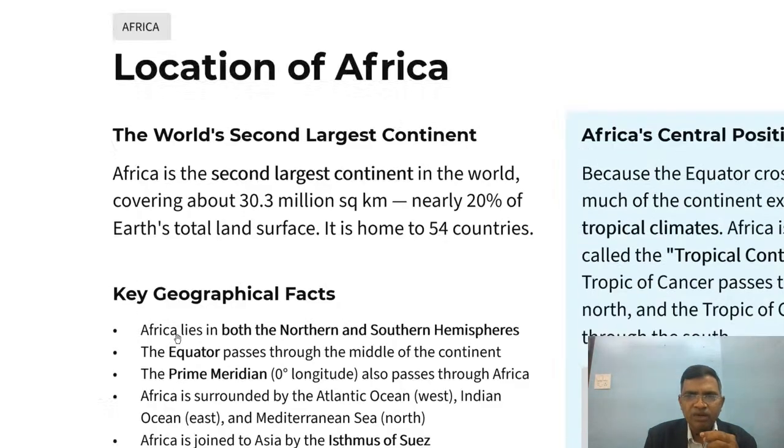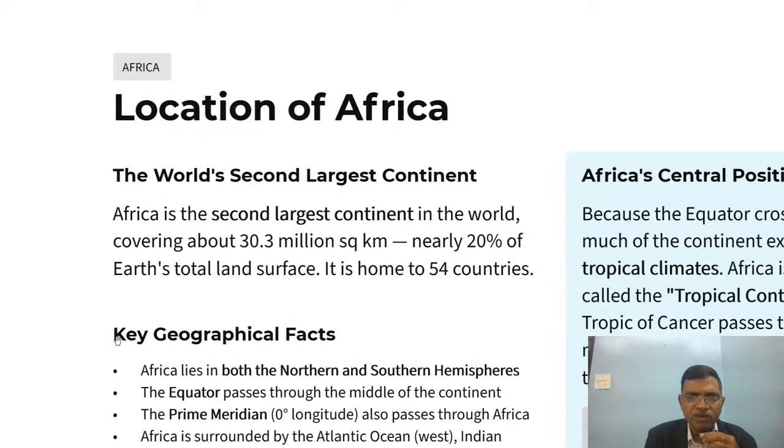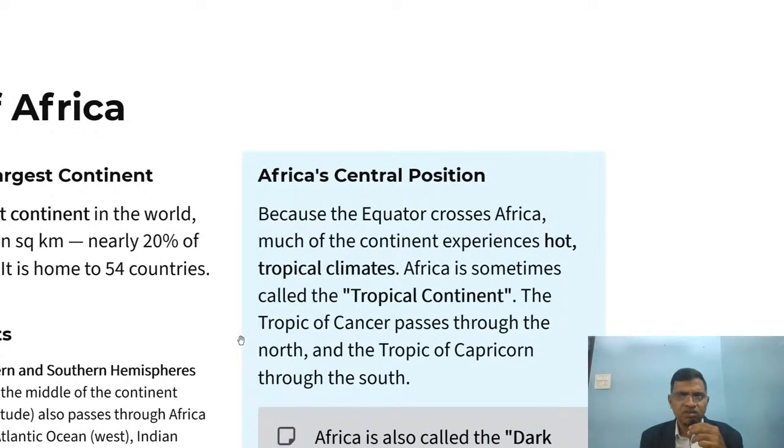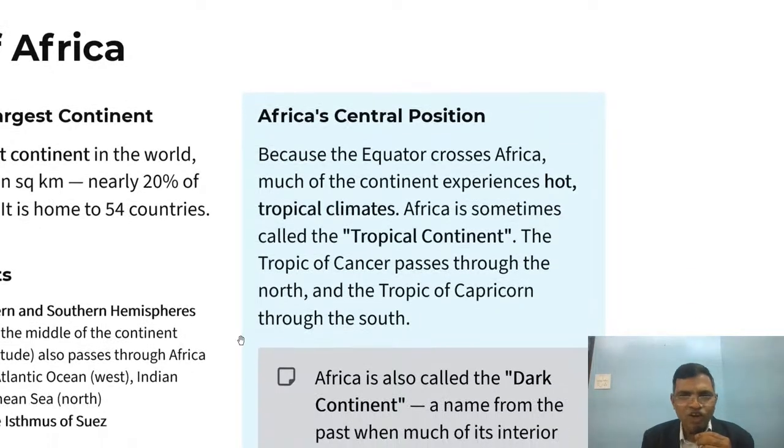Okay, let me zoom in here. Africa's central position, because the equator passes through it, means much of the African continent has a very hot, tropical climate. Sometimes it is called the tropical continent. In the TET exam they may ask which continent is the tropical continent; you can say Africa.